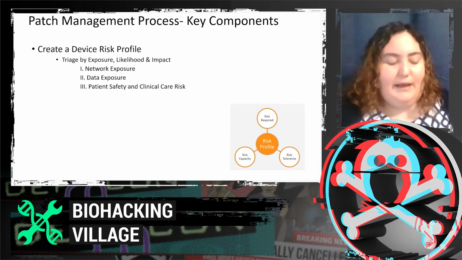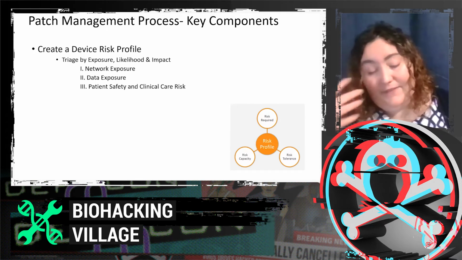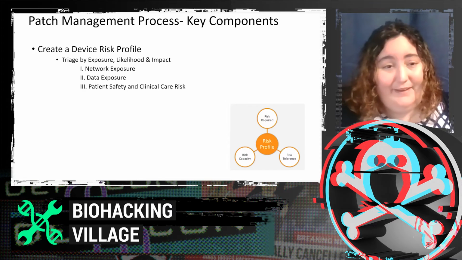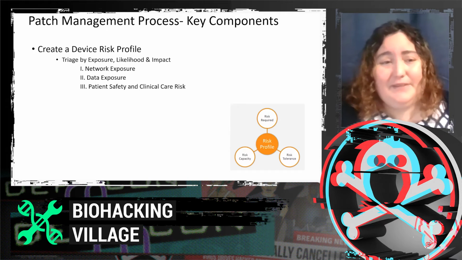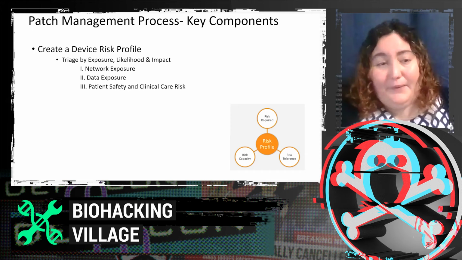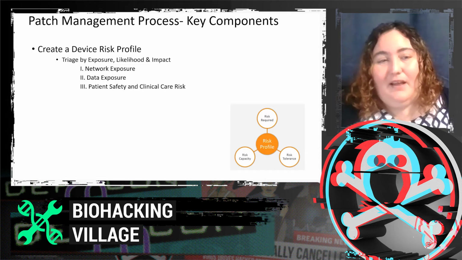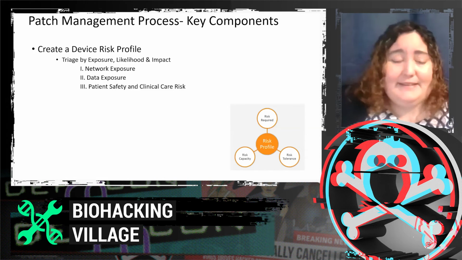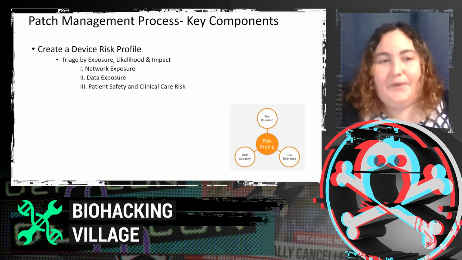So do you have a flat network and a device that has a lot of ports open and not a lot of security controls in place for that device? Your network exposure risk is high. And then you said, yeah, okay, that's high, but it doesn't actually store any PHI. It just may have a couple of values that are anonymized. Okay, well then your data exposure is low.